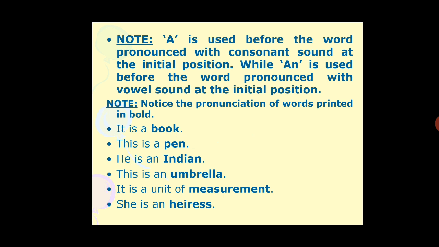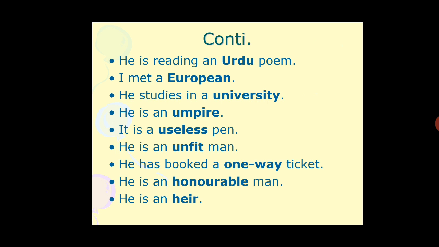Similarly, in the next, an umbrella, a unit of measurement, an heiress. Here h is silent, and that's why it is not pronounced as heiress, it is pronounced 'airess', and that's why it is an heiress. Okay. Similarly, you can read out these examples and you can understand.